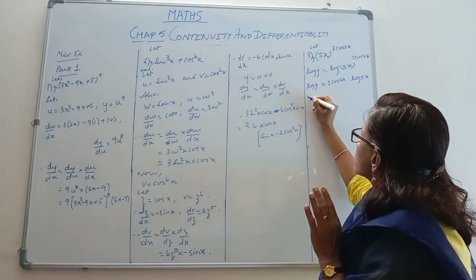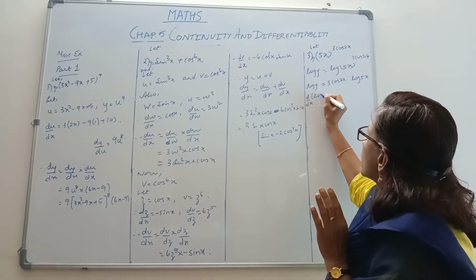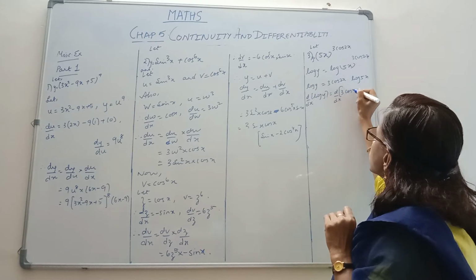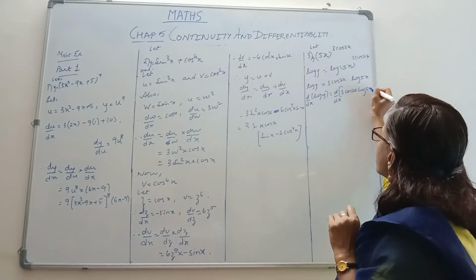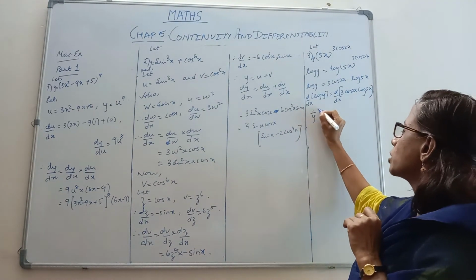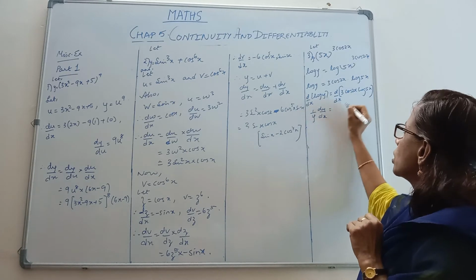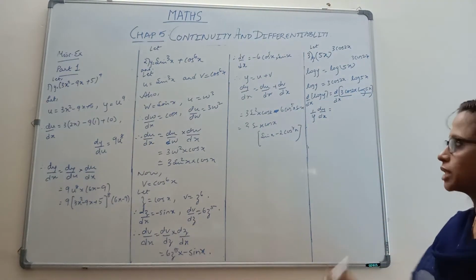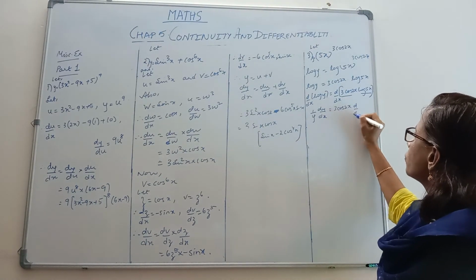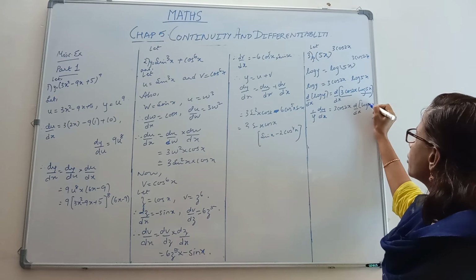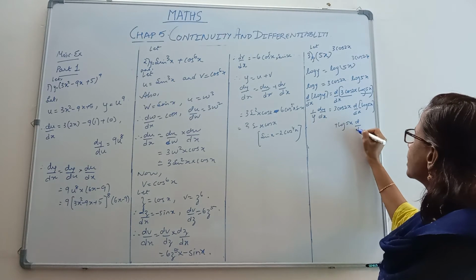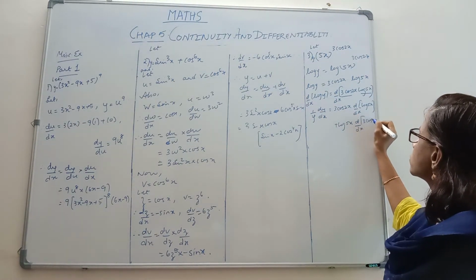Now taking the derivatives on both sides, d by dx of log y and d by dx of 3 cos 2x times log 5x. So the derivative of log y with respect to y is 1 by y, and because it is with respect to x, dy by dx also. Now this you can treat as a product, u into v. So 3 cos 2x with the derivative of log 5x, log 5x as it is, and derivative of 3 cos 2x.